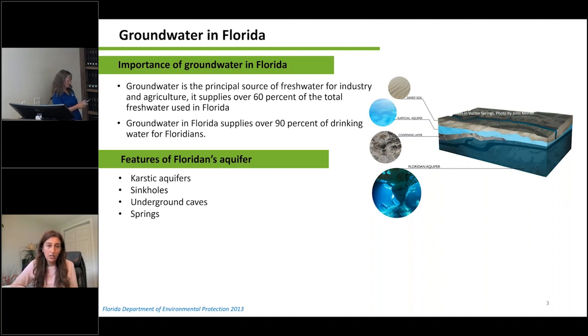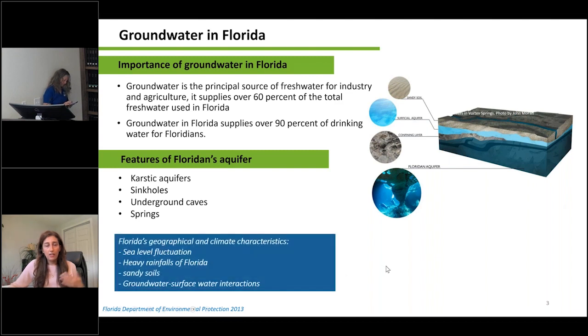It is usually characterized by sinkholes, which can appear at the Earth's surface, and underground caves. We observe a vast network of them, such as springs, caves, and sinkholes, especially in northern Florida.